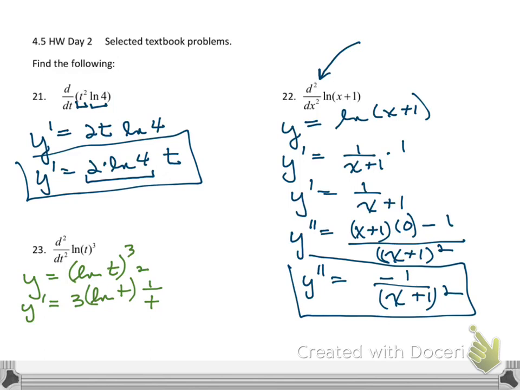Okay, so let me just clean this up a little bit so I'll make this look nicer. So I'm going to get rid of that, and I'm just going to put it under here. So then I'm ready to take the next derivative. Okay, so the next derivative, y prime prime, now I'm going to use the quotient rule. So low, d high.